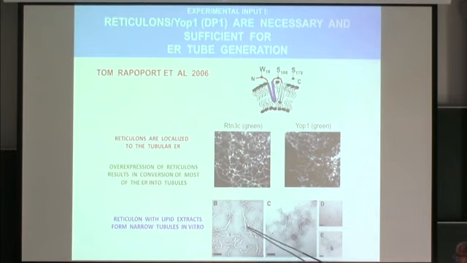It was also shown that reticulons reconstituted into lipid vesicles drive transformation of more or less flat membranes into thin tubes of diameters about 20 nanometers. This was the phenomenology which convinces that reticulons are indeed the tube generators.